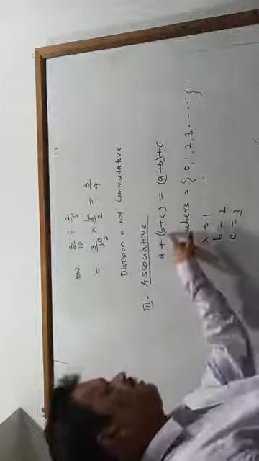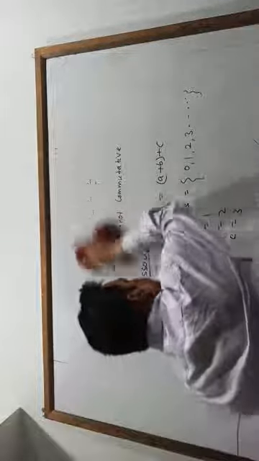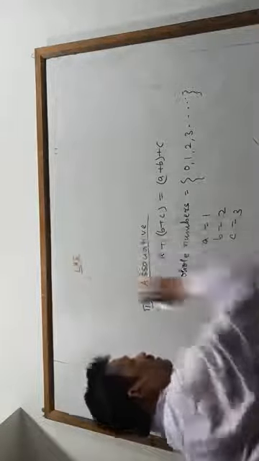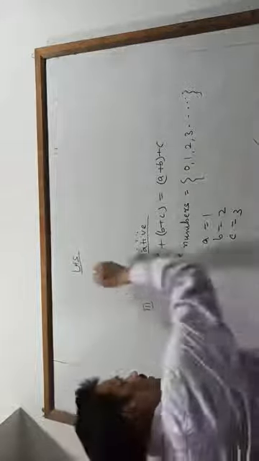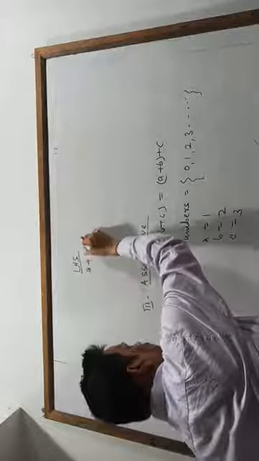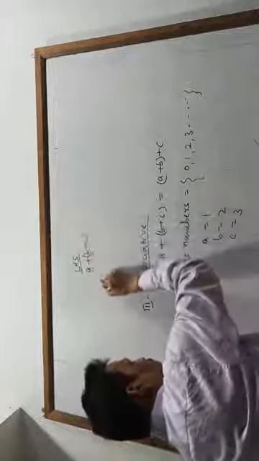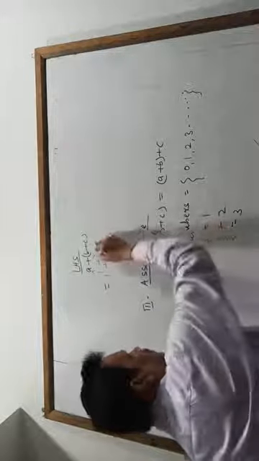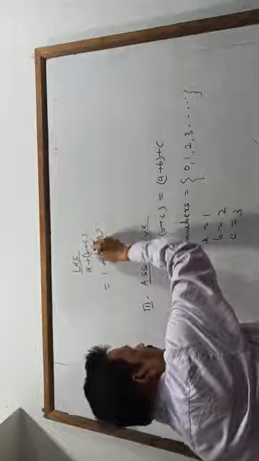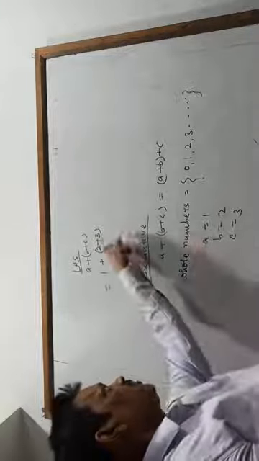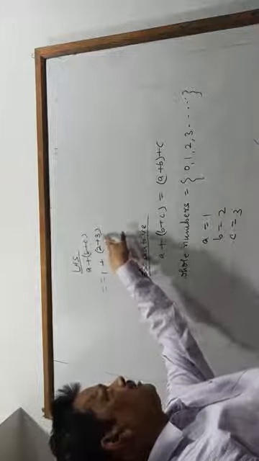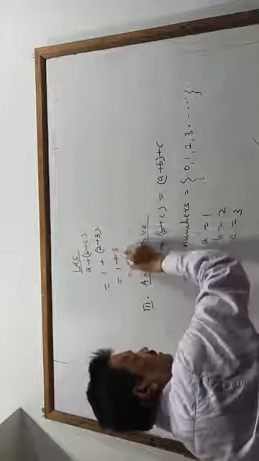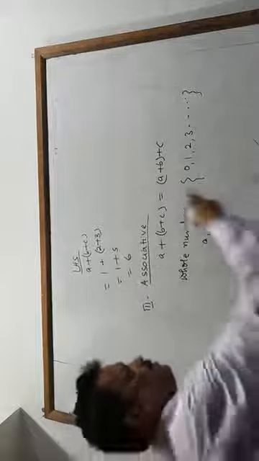Take left hand side: A plus B plus C. That is 1 plus 2 plus 3. First you have to do the bracket: 2 plus 3 is 5. So that is 1 plus 5, that is 6.